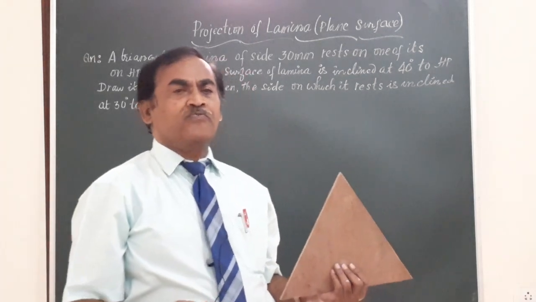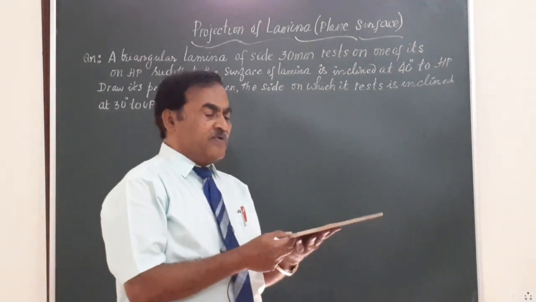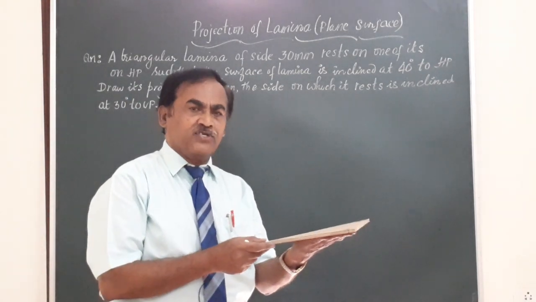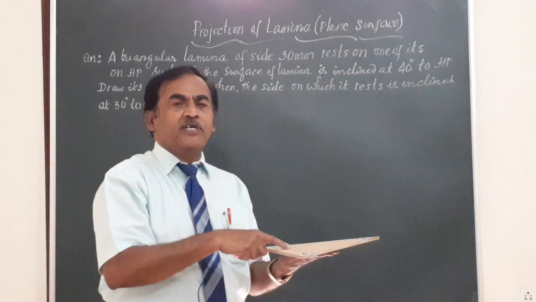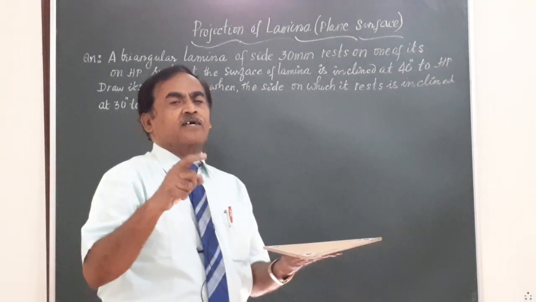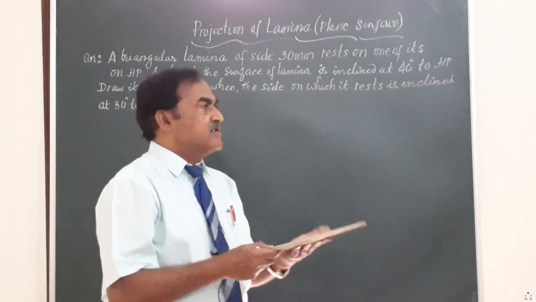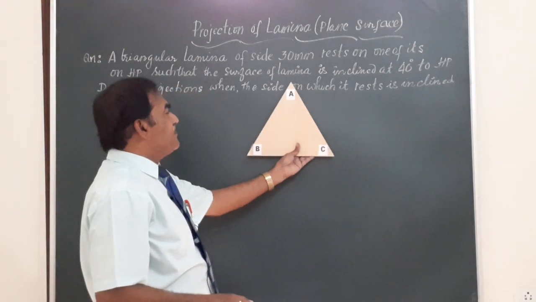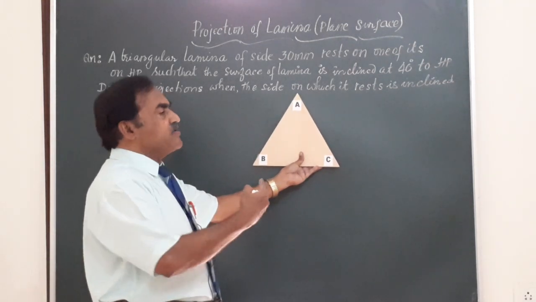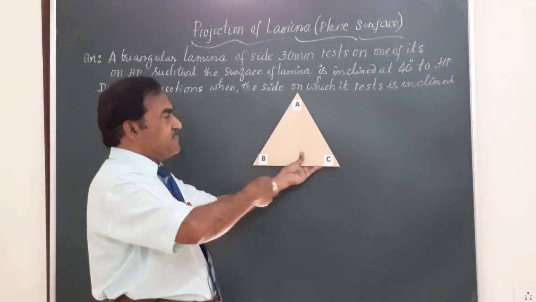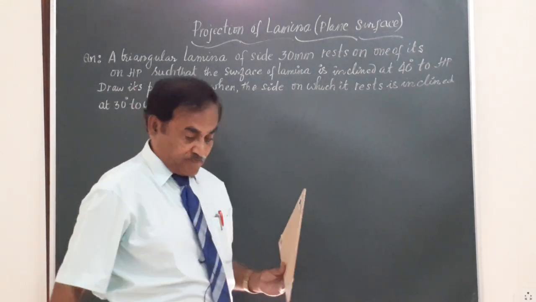So, to combine these two results, whenever a lamina is held on HP or held parallel to HP, the top view is going to be the true shape and size of the lamina, whereas when it is held parallel to the VP or on VP like this, you will get the front view as the true shape, and in the top view you get a line on XY.